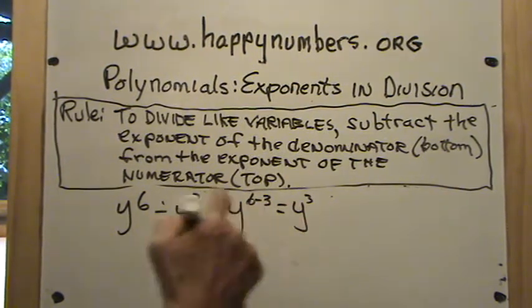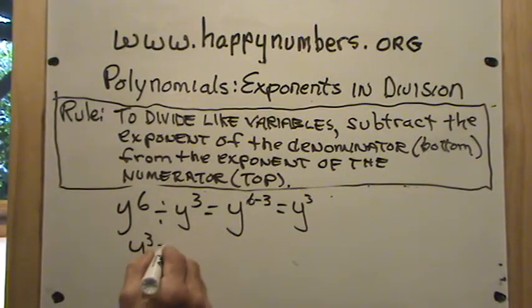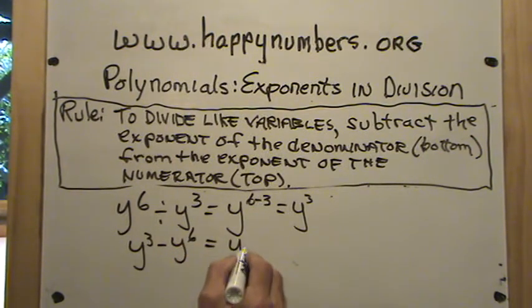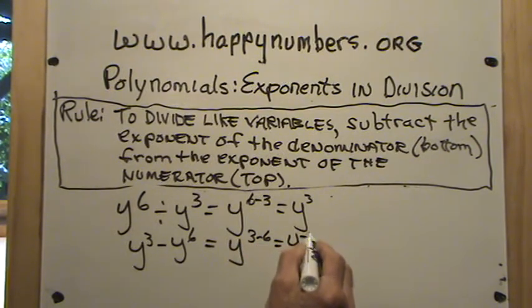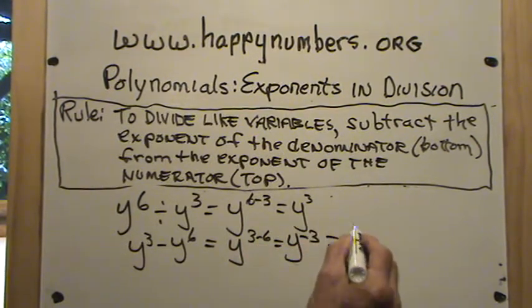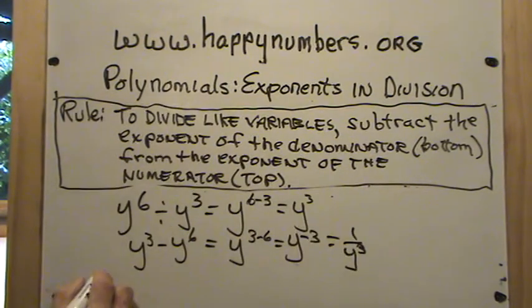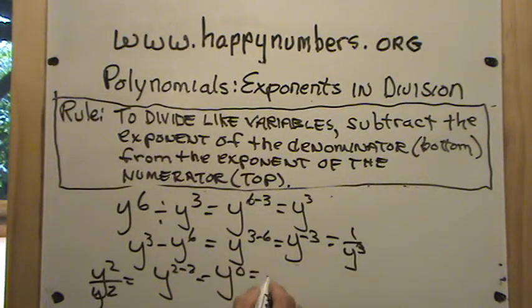You subtract the exponents. y to the 3rd divided by y to the 6th, the opposite, is equal to y to the 3 minus 6, which is equal to y to the minus 3 power, which is equal to 1 over y to the 3rd power. And y to the 2nd divided by y to the 2nd is equal to y to the 2 minus 2 power, which is equal to y to the 0 power, which is equal to 1.